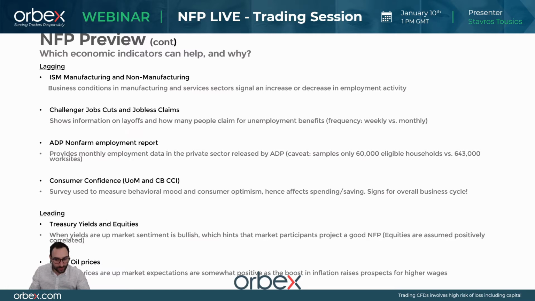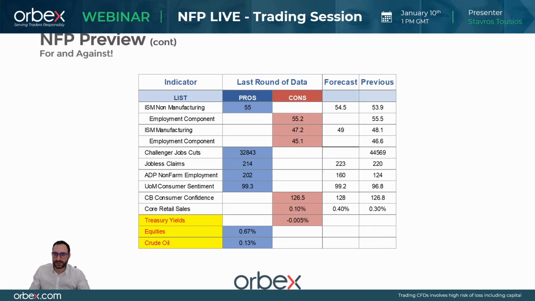Now, in terms of crude oil prices, when crude oil prices are up, the market expectations are somewhat positive again, as the boost in inflation raises the prospects for higher wages. At the same time, if there is a push in inflation, then the Fed should be looking to also increase interest rates to control the inflation around the 2% target. So it's very natural that this is the case.